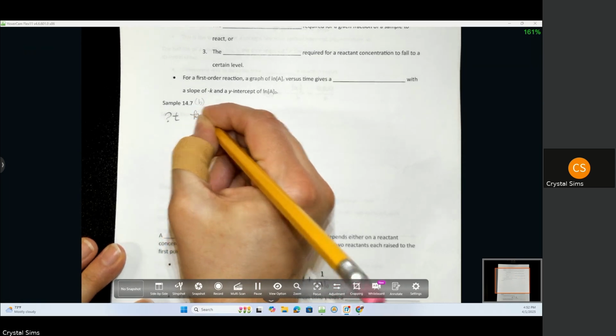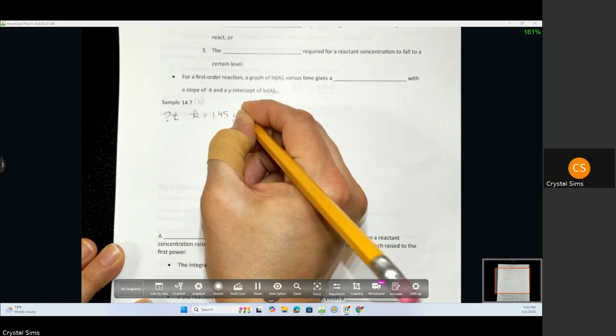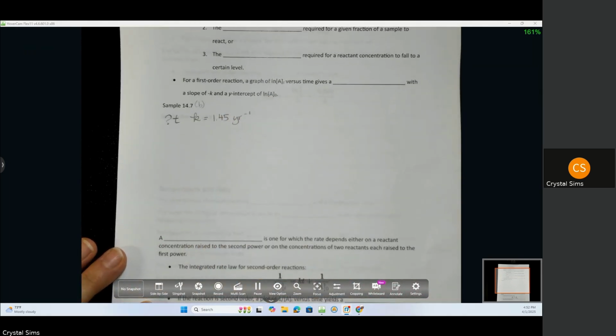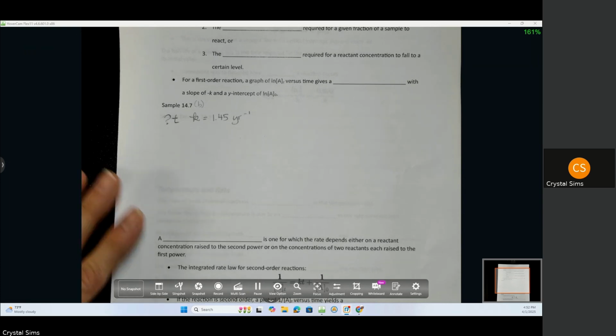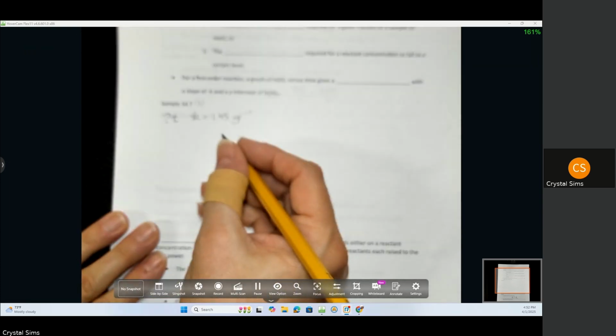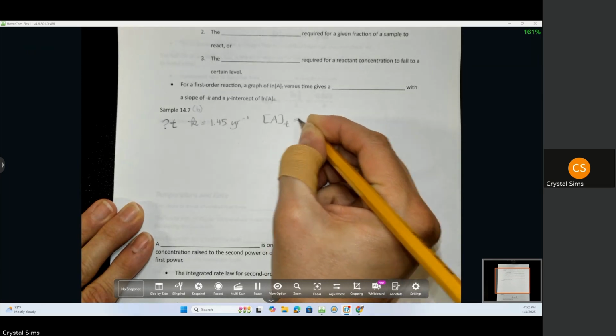We have already previously in the problem been given K, and K was equal to 1.45 e to the negative 1. So we already have that. We already know our temperature is constant, so we don't have to worry about that. We are asked how long it's going to take to reach a certain concentration. So the concentration that they are giving us is our concentration at a certain period of time, because that's the concentration that we're looking for.